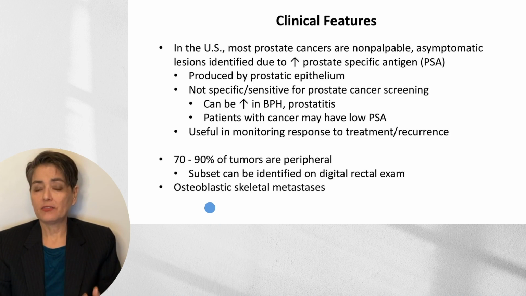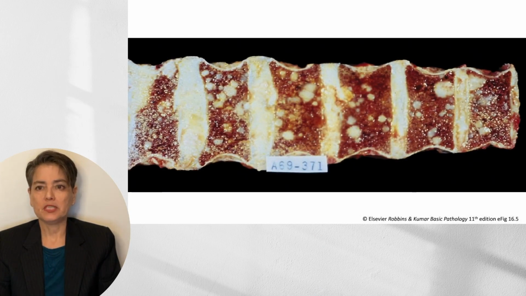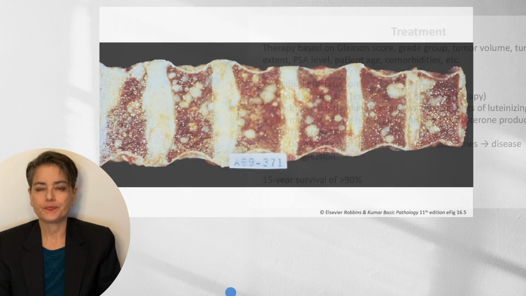This is different from what we see with most skeletal metastases, which are lytic, leaving punched-out lesions, for example, breast cancer or lung cancer. So if you see an x-ray of an older male with osteoblastic lesions, prostate cancer is something that must be excluded. And here is just an example of a vertebral column which shows multiple metastatic foci of prostatic adenocarcinoma.